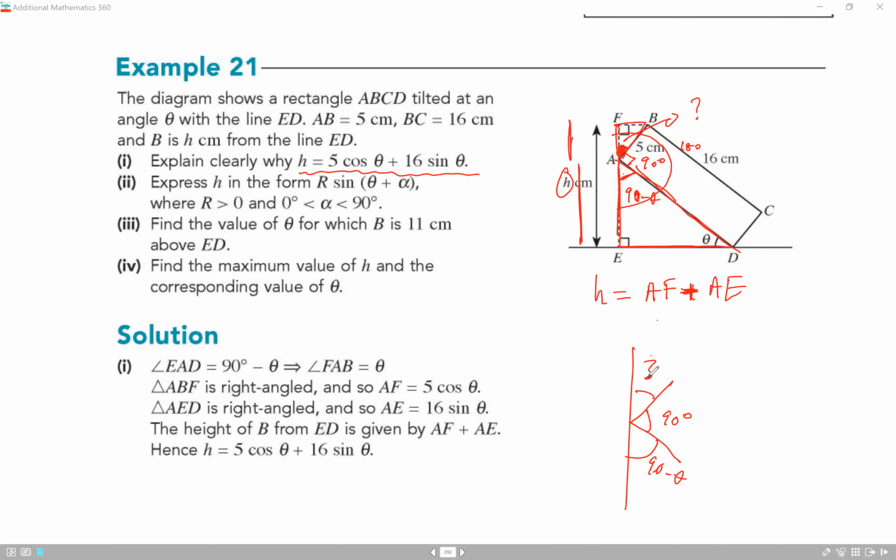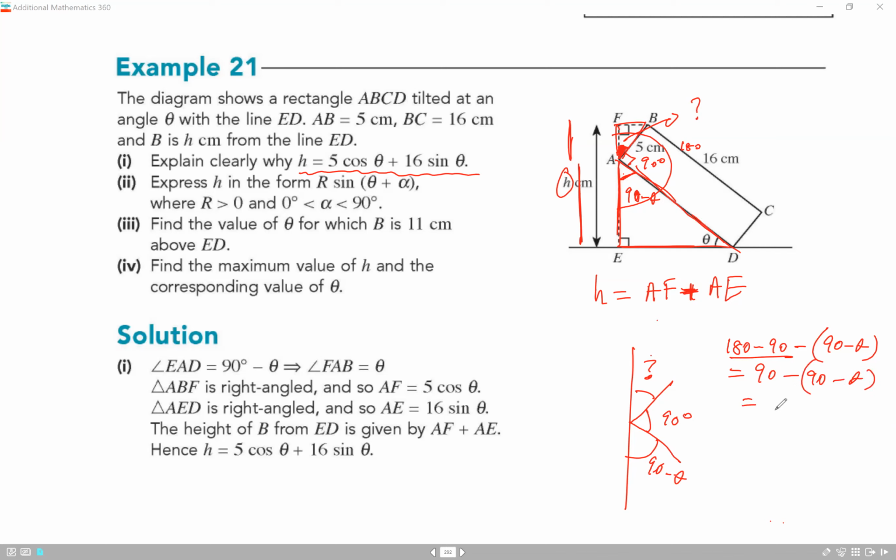So the whole thing is 180, right? So 180 minus 90 minus 90 minus theta, isn't it? That will give you what? This and this will be 90 minus 90 minus theta.